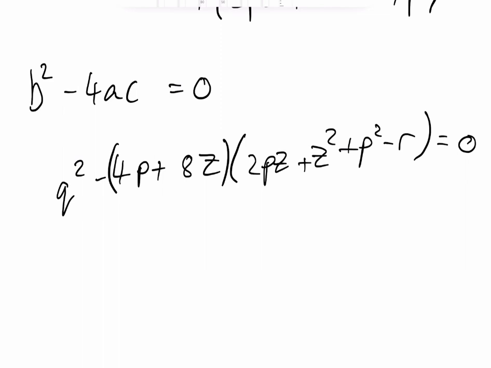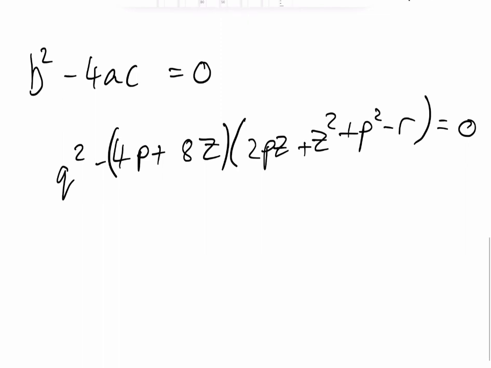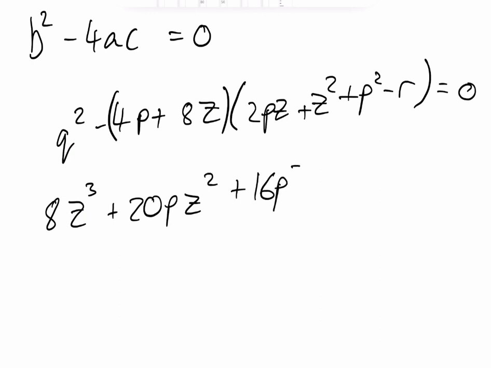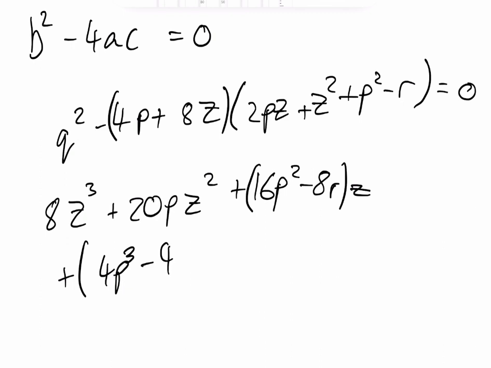And what we're going to do now is multiply this out and then factorise. And what that will give us is 8z cubed plus 20pz squared plus 16p squared minus 8r z plus, I'm going to write this on the next line because I know I'm not going to fit it in, 4p cubed minus 4pr minus q squared, and that is all equal to 0.